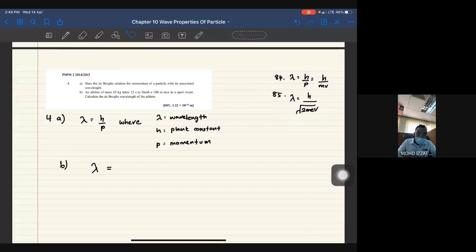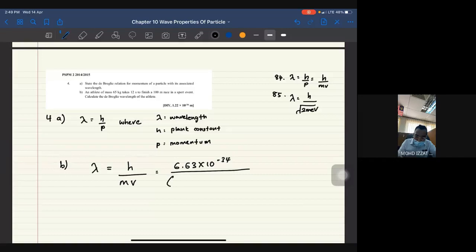So dia akan kasih yang H over P, but we know that H over P is basically H over MV. So you're going to use the H over MV. The mass here is 65 kilogram. The velocity. Velocity you have to calculate, okay, because they did give you the distance, which is delta s over t. So this one back to chapter semester 1 lah.